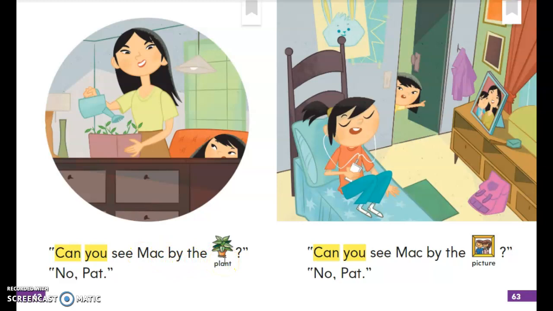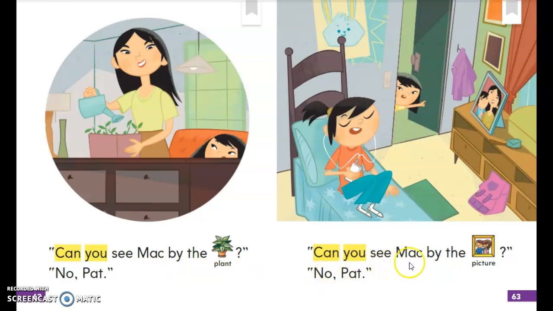Can you see Mac by the plant? Pat asks her mother. No, Pat. So on this page, where did Pat ask her mother to look? Yes, by the plant. Point to the plant in the picture. Is Mac there? No. Let's go to the next page.